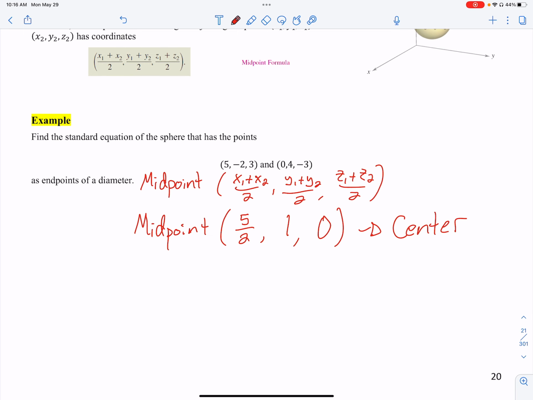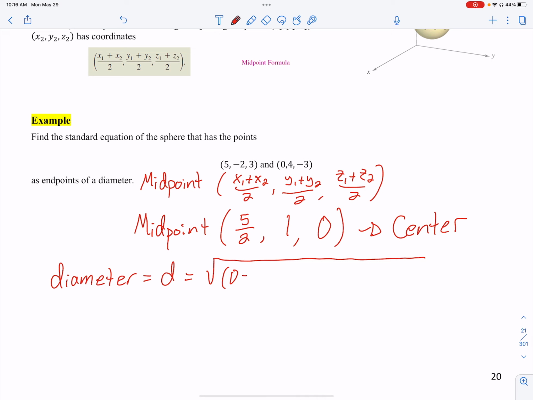I also need to find the radius. So I'm going to find the diameter, which is going to be the distance between those two, because they're endpoints. So that's the square root of 0 minus 5 squared plus 4 minus negative 2 squared plus negative 3 minus 3 squared.